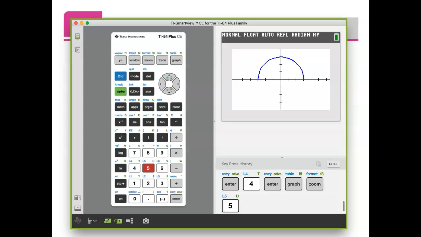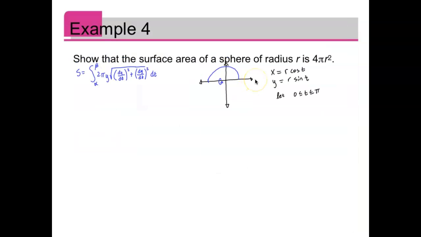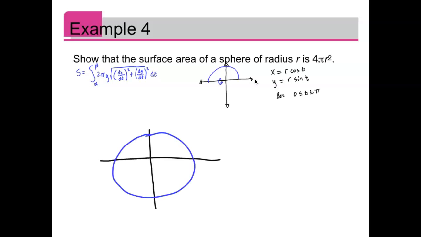Alex, why is it r cosine t and r sine t? So that's derived literally from the unit circle and triangles. So I can go over that real quick. Well, let's say we have a circle that has radius r. I can create a right triangle out of that situation, where this is theta.